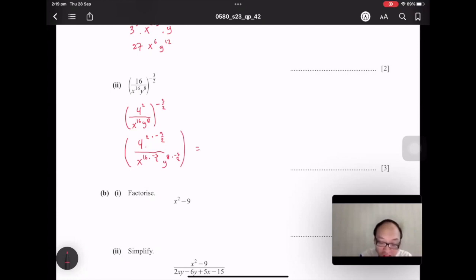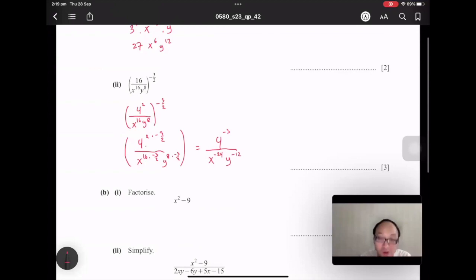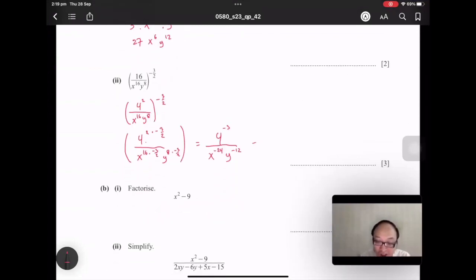So this is equal to 4 to the power of negative 3 over x to the power of negative 24 and y to the power of negative 12. Or we can simplify, because all the indices are negative, so we can make them positive.